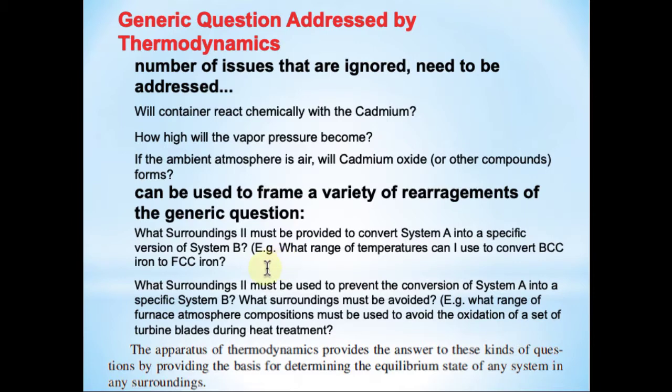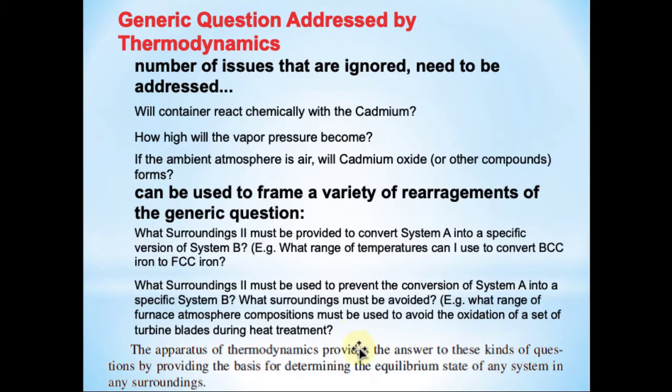And then, what surroundings 2 must be used to prevent the conversion of system A into a specific system B? What surroundings must be avoided? For example, what range of furnace atmosphere compositions must be used to avoid the oxidation of a set of turbine blades during heat treatment?